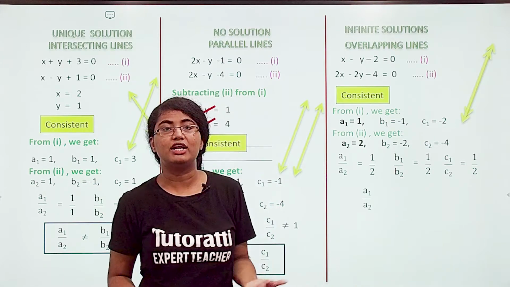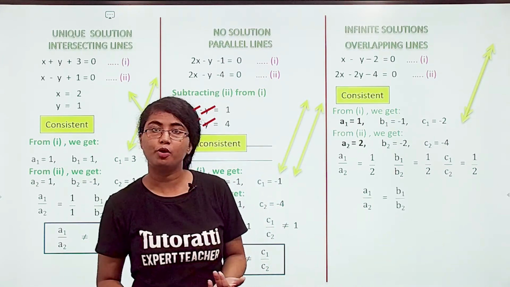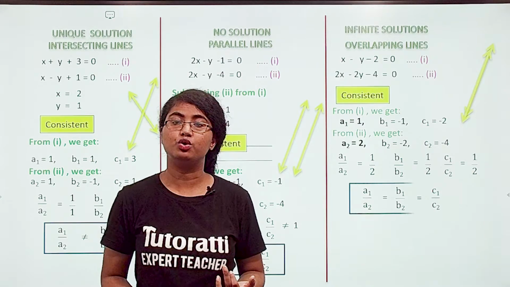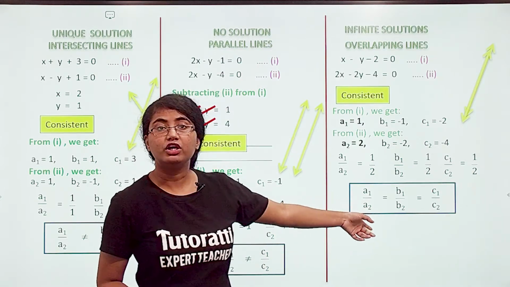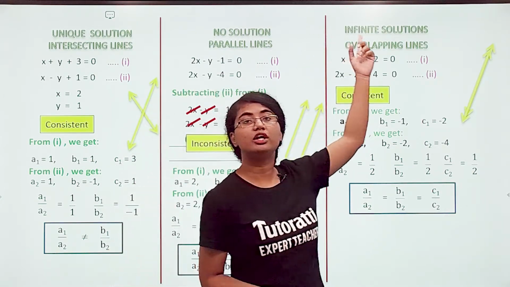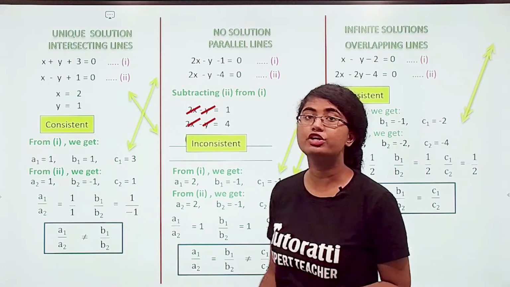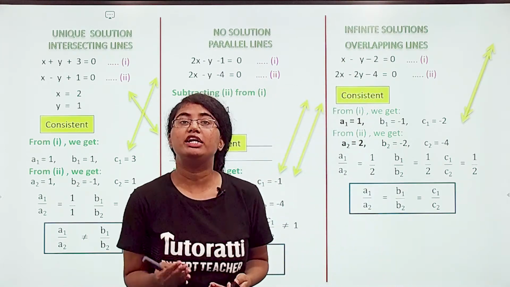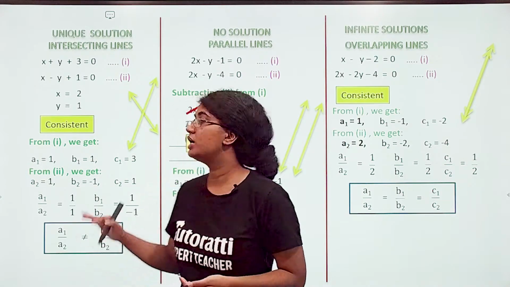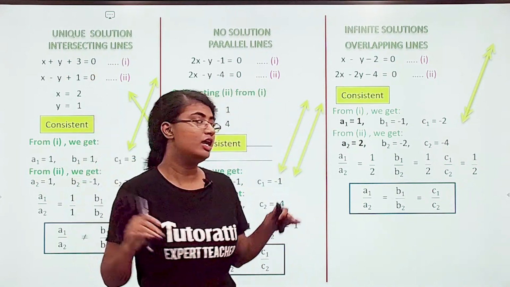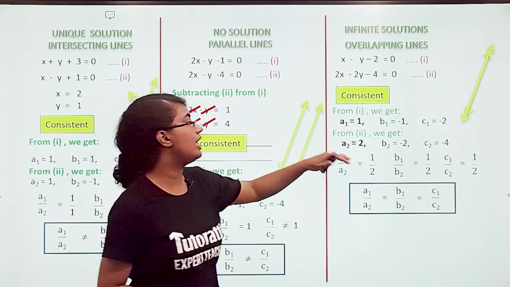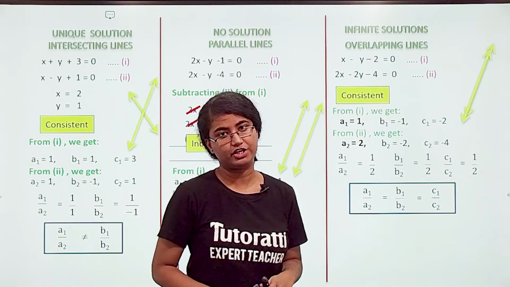So a1 upon a2 equals b1 upon b2 equals c1 upon c2. This is the condition for consistent equations with infinite solutions. These three are the conditions you need to remember to identify the nature of the equations: consistent with unique solution, inconsistent with no solution, and consistent with infinite solutions.